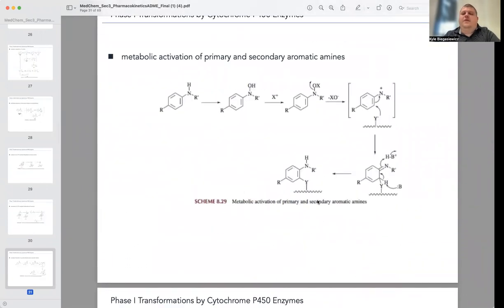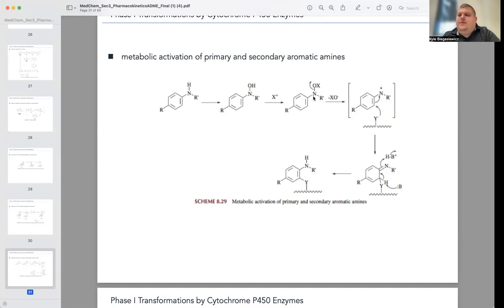31, I think having a good appreciation for what's happening here is important. This could be in the area of a reach question, in that you oxidize the nitrogen, which then has something added to it, let's say through a phase 2 type transformation.